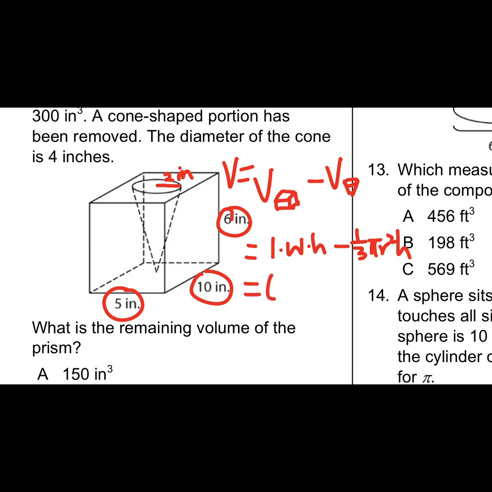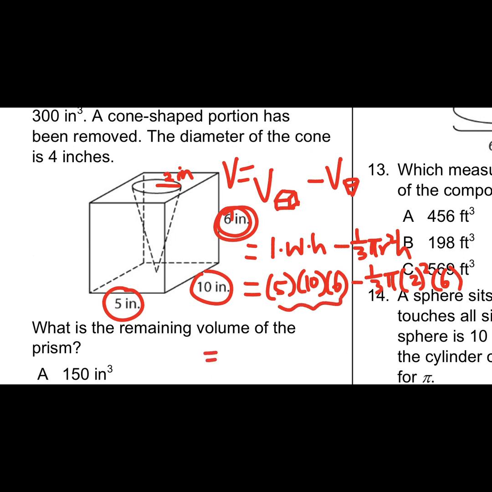So length times width times height, that's 5 times 10 times 6, minus 1/3 pi, and the radius of the cone is 2, squared. And the height is going to be the same as the actual prism, so it should be 6 again. Let's simplify.